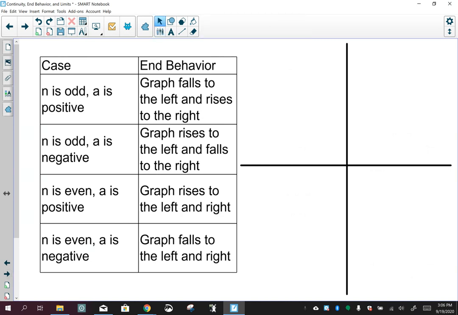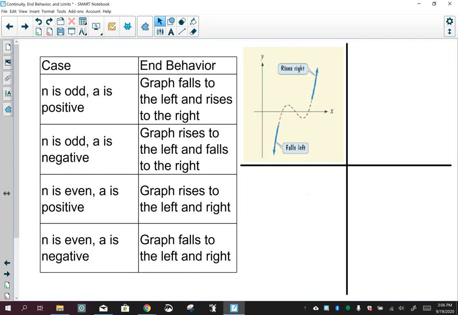If your n is odd, so the highest exponent in your polynomial is odd, and a is positive, then the graph falls to the left and rises to the right. So your graph is going to look something like this piece here.